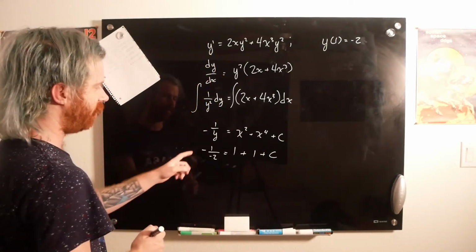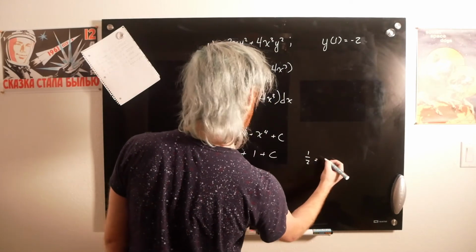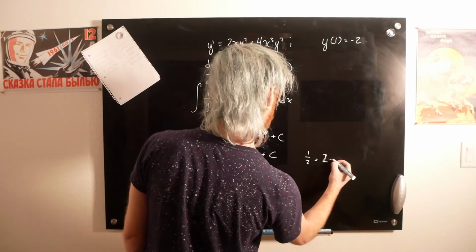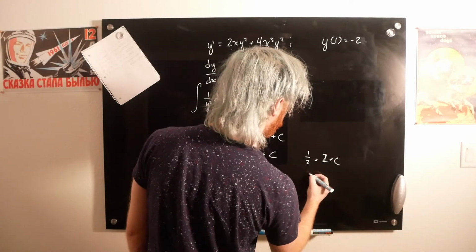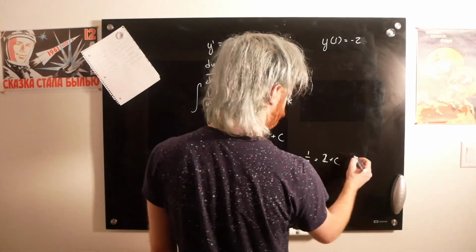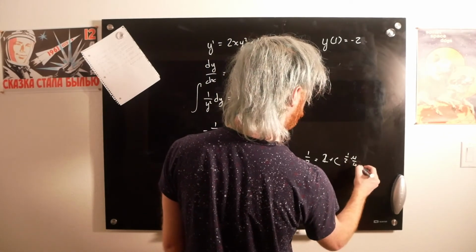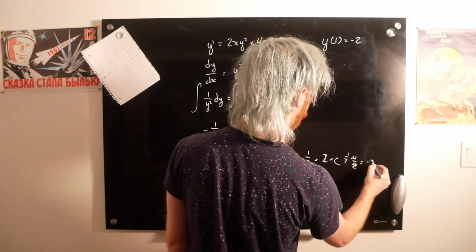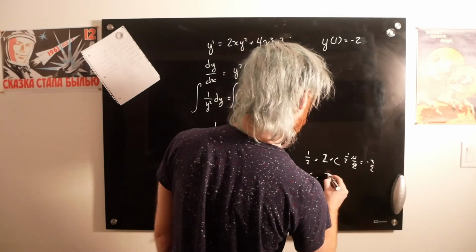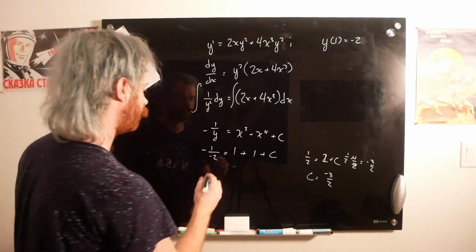So we have positive 1/2 equaling 2 plus c. So c is going to equal 1 over 2 minus 4 over 2, which is negative 3 over 2. So our c equals negative 3 over 2.